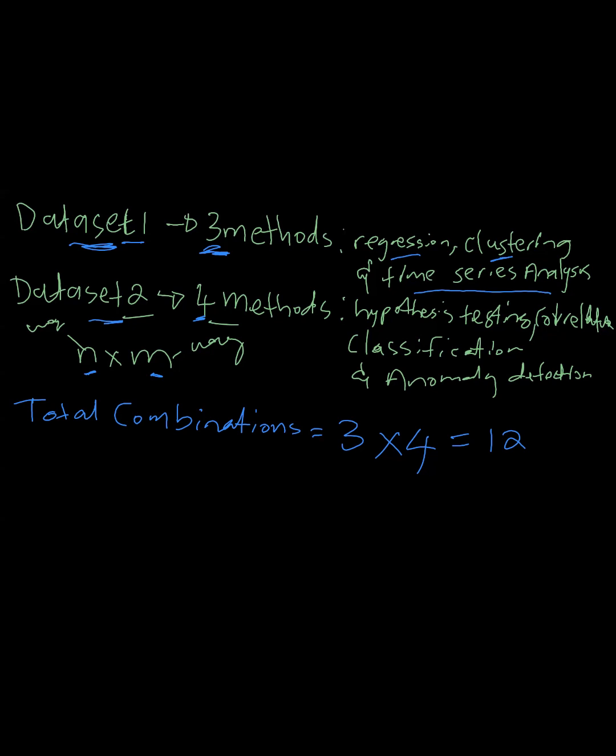And for data set two, you have four choices: hypothesis testing, correlation, classification, and anomaly detection. Thus there are 12 possible combinations of analysis methods, combining one method from data set one and data set two.